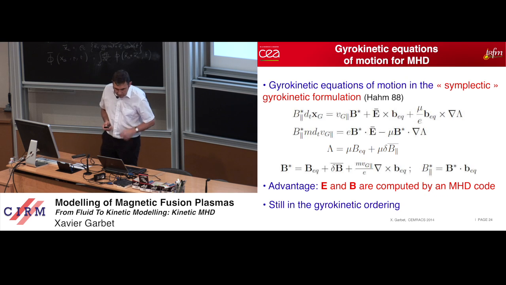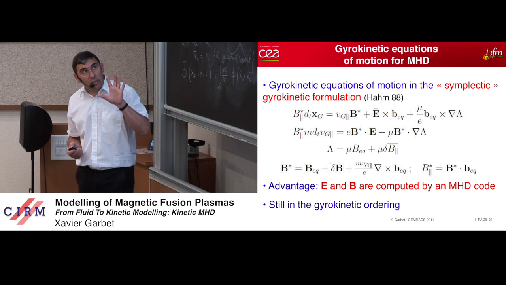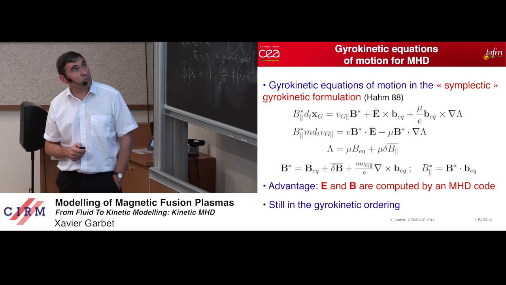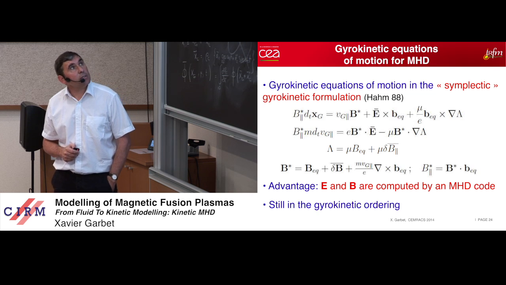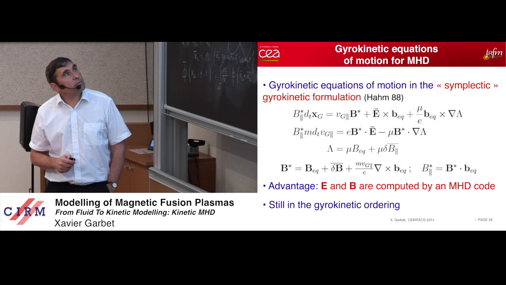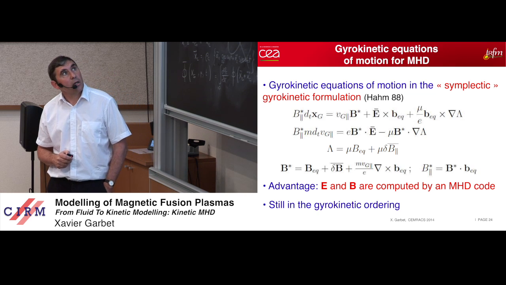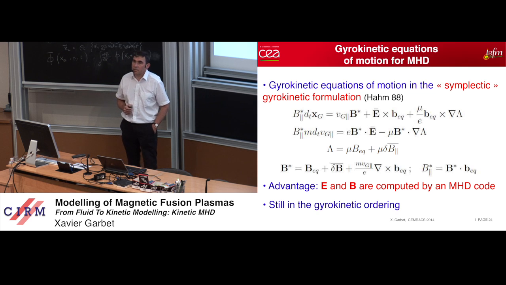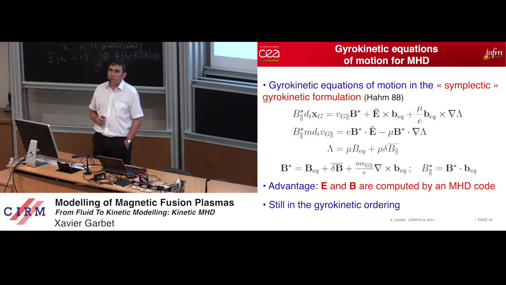So that's one way. The other way, I'm not going to insist too much, is just to look at the structure of the equations. This is another formulation for the gyrokinetic equation, which was proposed by Hahm in '88. And as you can see, the big difference is that you are directly handling an electric field, which is a gyroaveraged electric field, but it is something that you can compute quite easily, knowing the E field calculated in the MHD code.